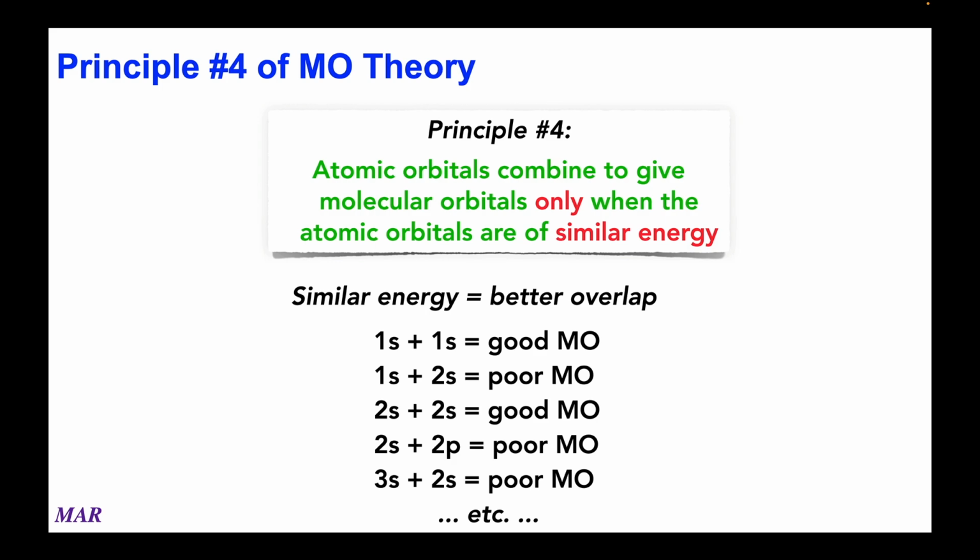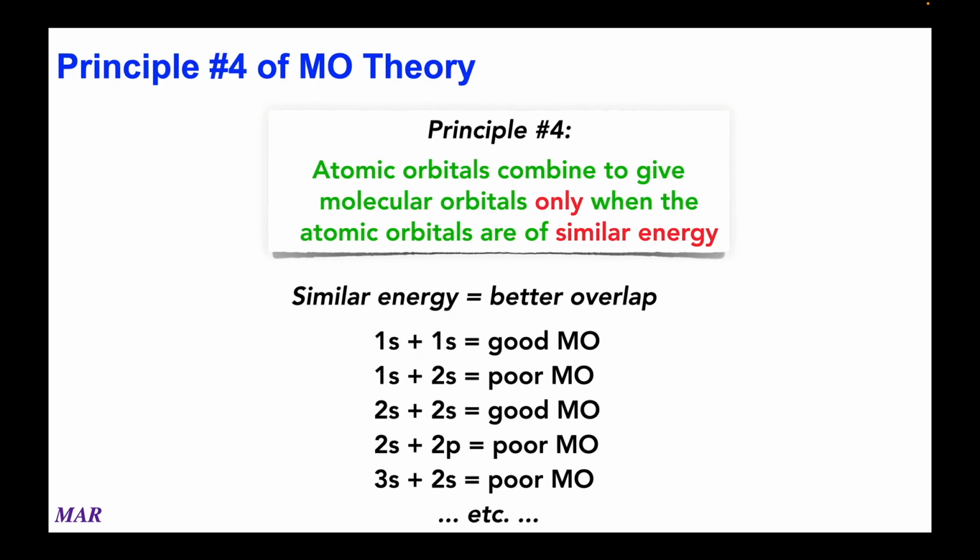Now, 2s plus 2s is great. 2s plus 2p doesn't do a good job. 2p plus 2p would be great, but 3s and 2s doesn't give very good ones, etc. So we're only doing up to neon because that's 2p plus 2p, 2s plus 2s, and 1s plus 1s.